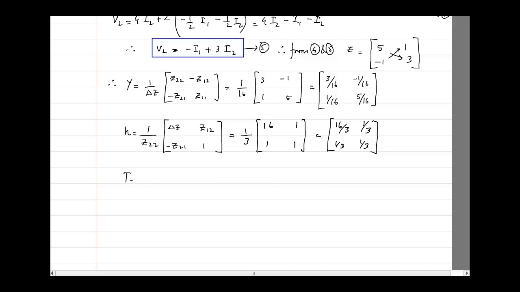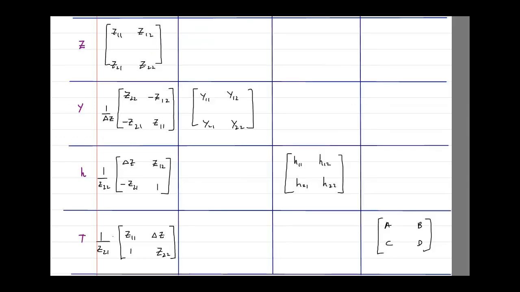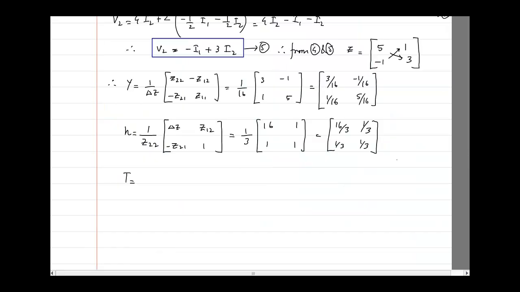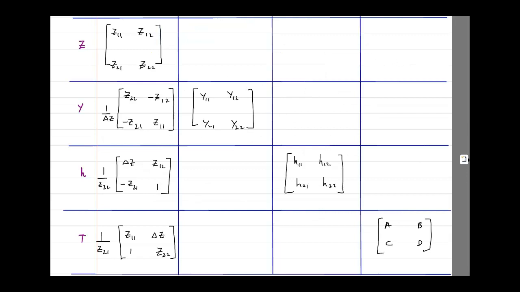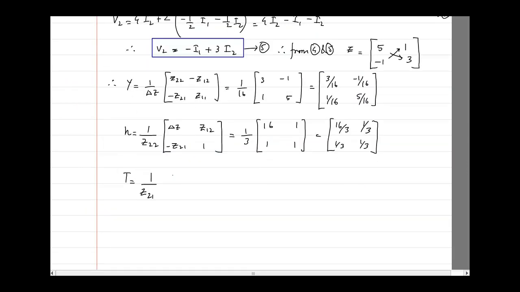Similarly, the t parameter. What is the equation of the t parameter? It is 1 divided by z21, and within brackets I will have z11, z22, delta z, and 1.